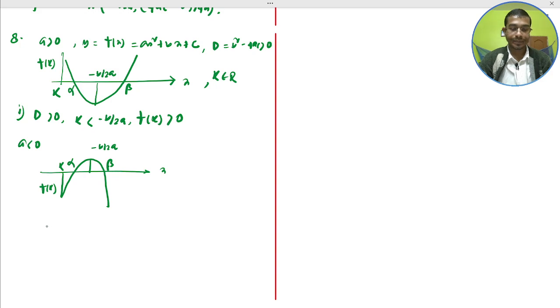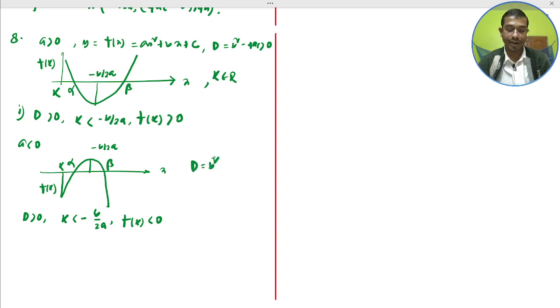And here D is greater than 0, k less than minus b by 2a, and f(k) less than 0, and D, b square minus 4ac, must be positive, greater than 0, and a less than 0.